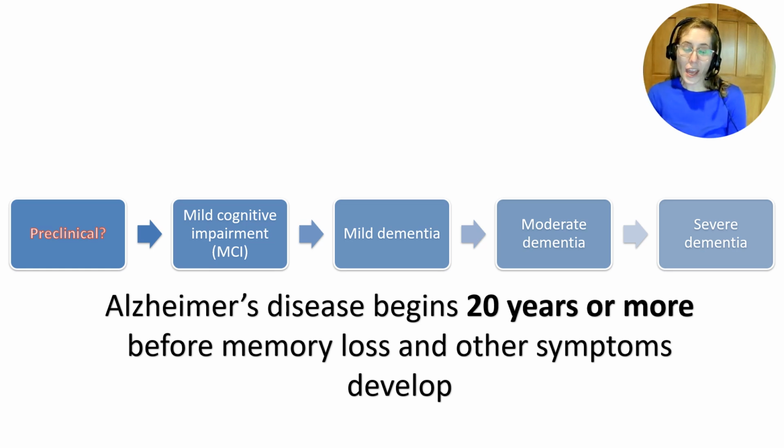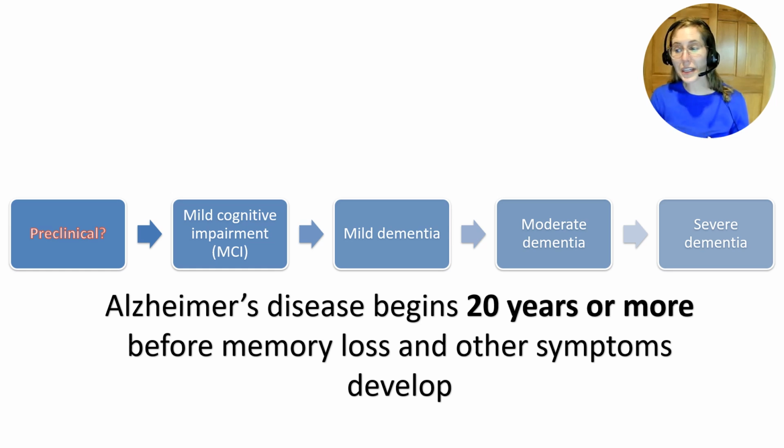So in this phase, individuals may have measurable brain changes that indicate the earliest signs of Alzheimer's disease, such as abnormally increased beta amyloid or tau on PET scans, but they've not yet developed symptoms such as memory loss or difficulty thinking.